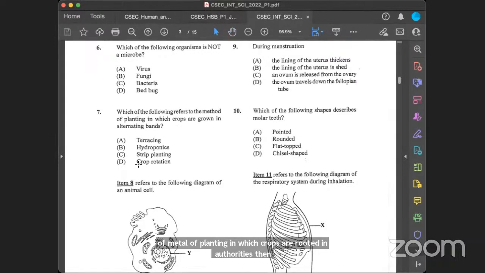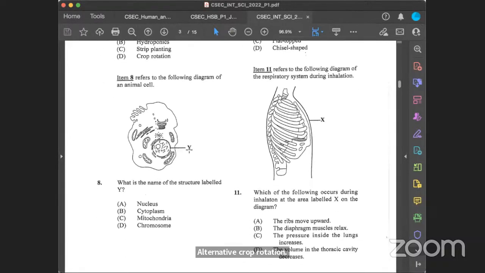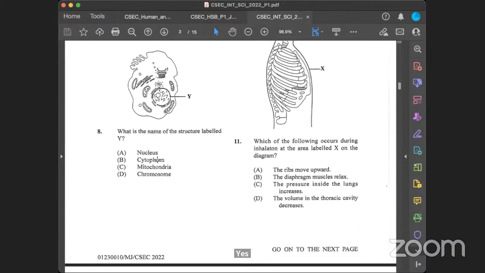Crop rotation. Crop rotation. What's white? Nucleus. It's nucleus.